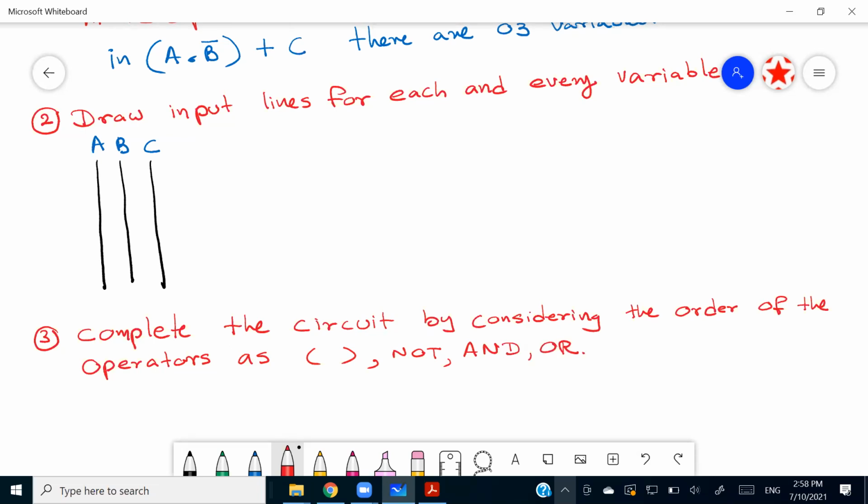Right? What this explains. Now, you know, in mathematics, you got something called BODMAS, right?